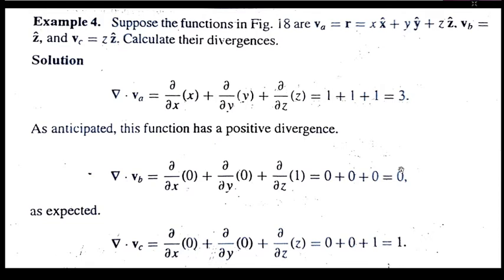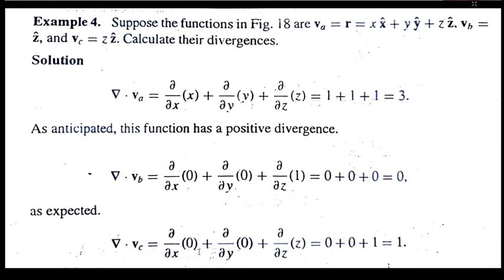This is also true in the case of the last one, that is Vc. In Vc, if you look, only one component is available, that is Vc equal to z of z cap.